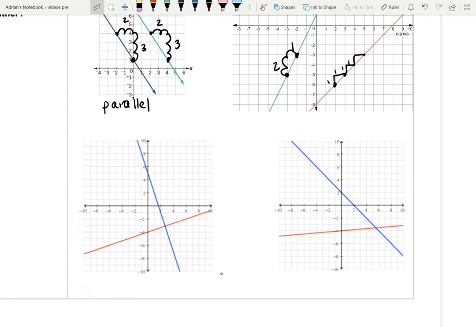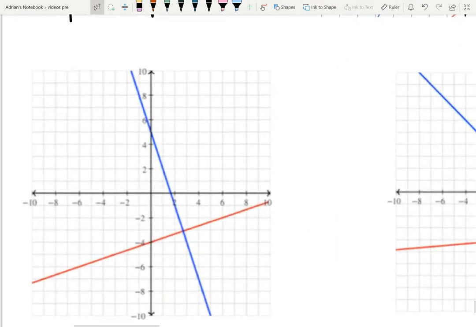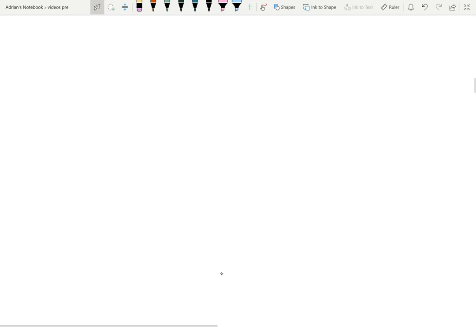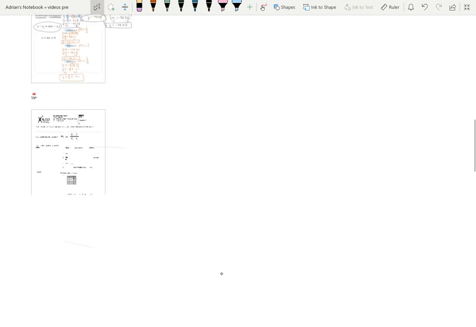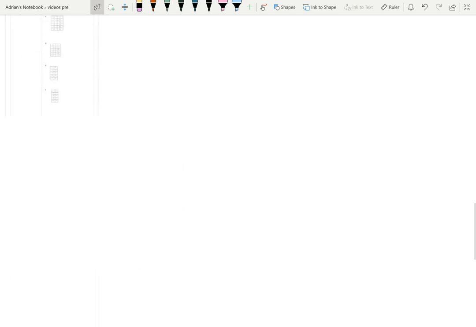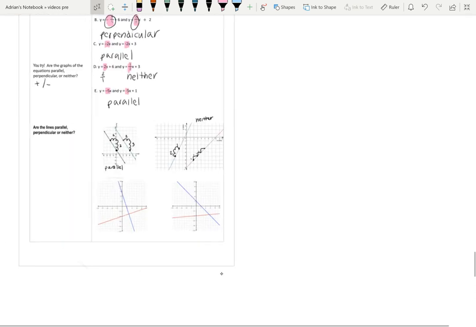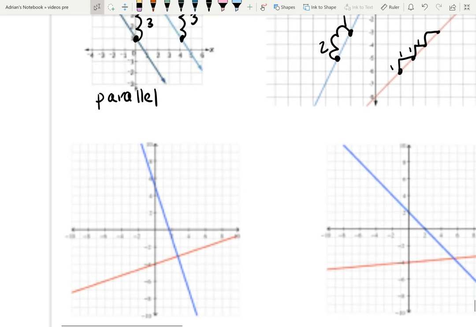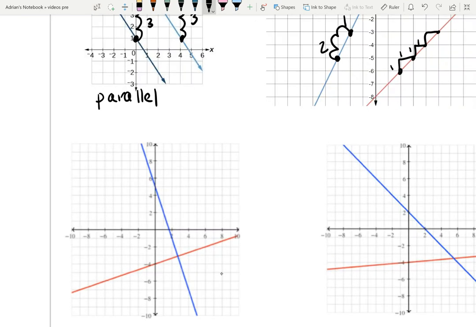Okay, we have two more. They look kind of similar. Again, I just want to double check. Okay, so I see a point here and here. So that would give me 3 and 1.